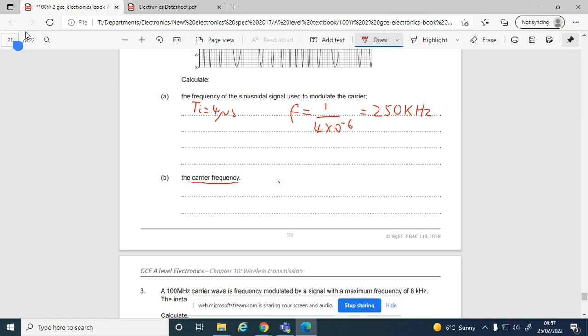I'm not even going to bother writing any equations. I'm just going to go 9 times 250, which is 2.25 megahertz. Just be careful that the unit is the right unit as well. So I put mine into megahertz there.